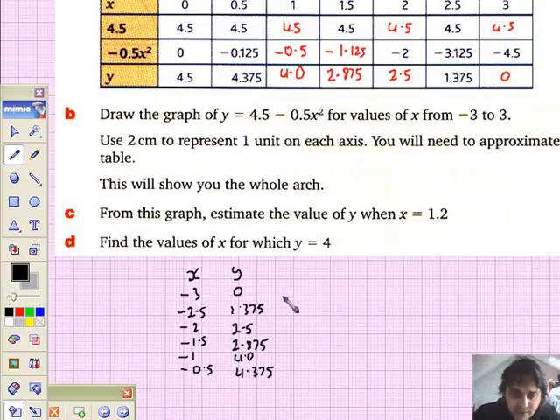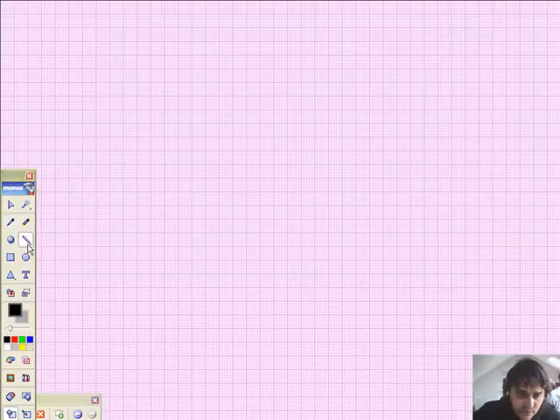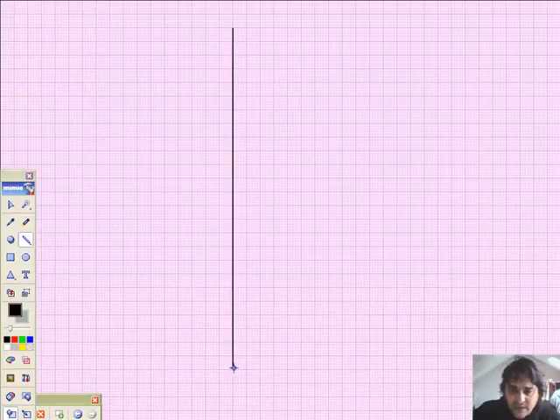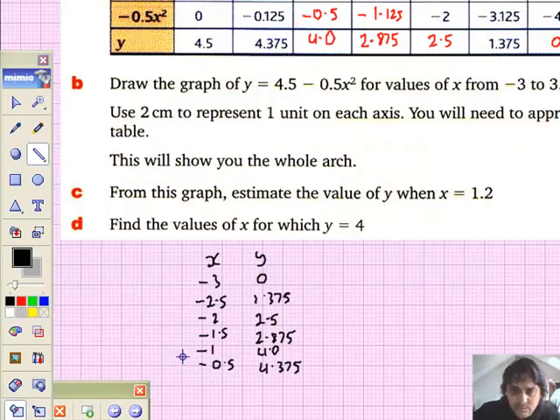So let's just turn over the page. So minus 3 to 3. I'm peaking at 4.5. Let's do it as large as possible and see what we can do. Again, I don't care if I don't use all this. What's the peak? 4.5. That's it.